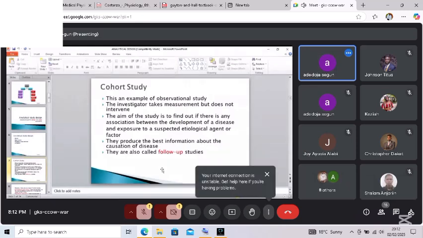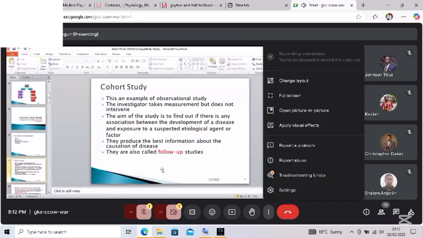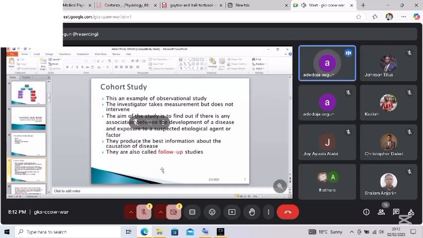For the cohort study, the aim is to find out if there is any association between the development of a disease and exposure to a suspected etiological agent or factor. They produce the best information about the causation of disease. Just like I've mentioned earlier, they are also called follow-up studies.